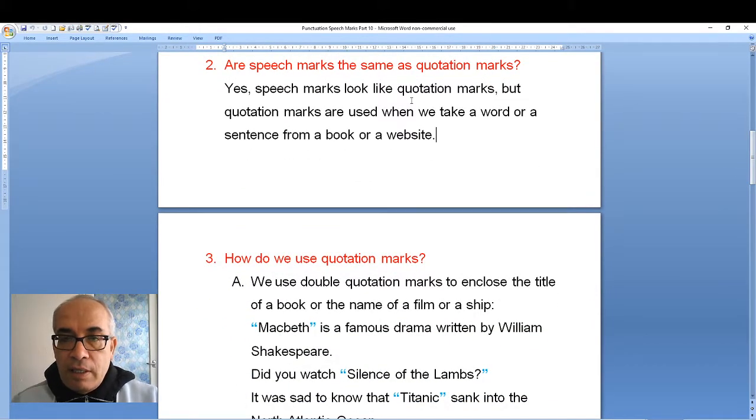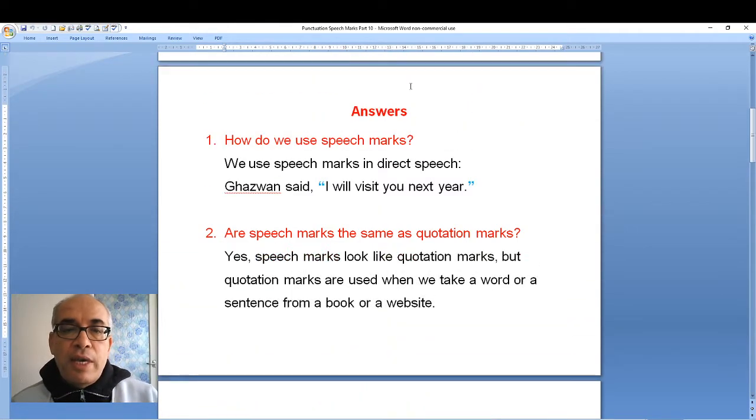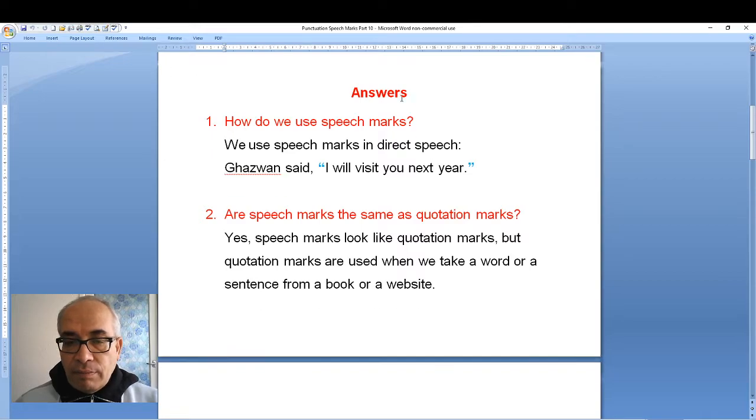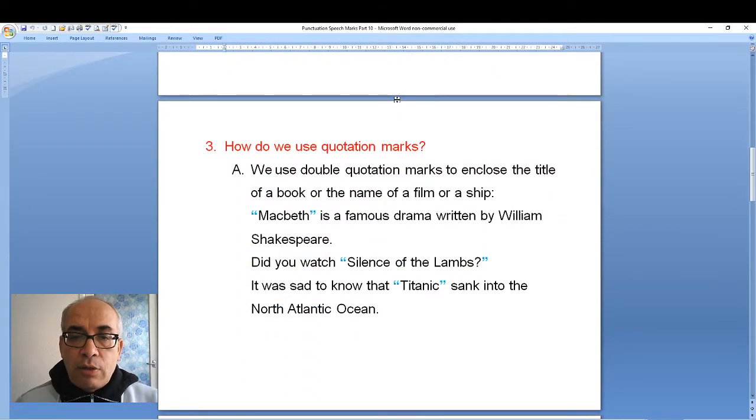If it is not my sentence, I have to put it between quotation marks. This means I am telling you this is not my sentence, somebody said it. Or if you take a sentence from a book, I put it between quotation marks. This means this is not my sentence, somebody said this sentence. But as I said, quotation marks look like speech marks.